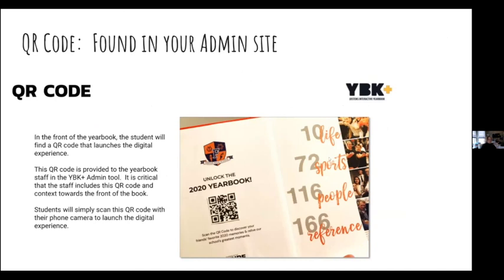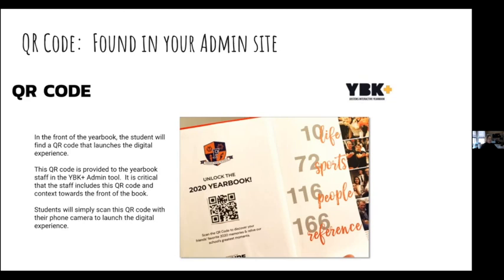Now, I know Clark is using the Yearbook Plus Student Life and the My Life. And so somewhere in your book, there's a QR code on your admin site you have to publish in your book. Not just to do a portrait, but if you're using the My Life and the Student Life sections, you have to publish that QR code so that they can scan their phone over it when they get their book, and it opens up that option to them.